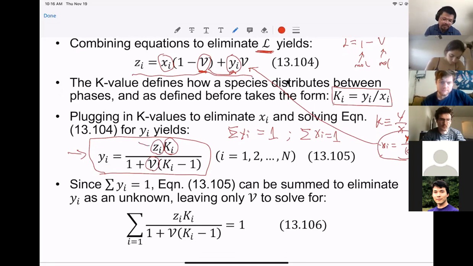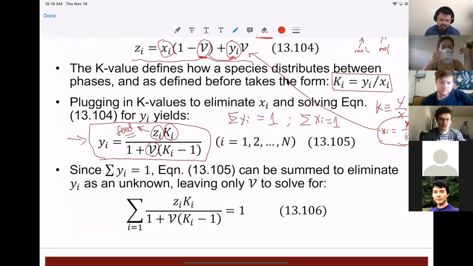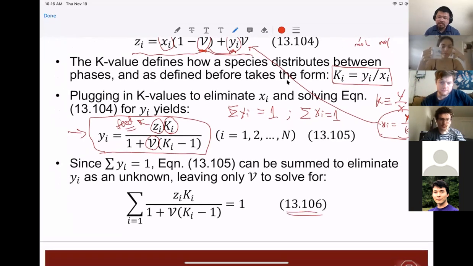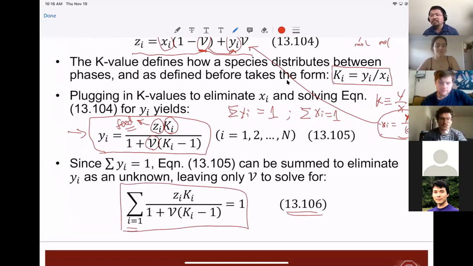Zi is from the feed, right? Zi is from the feed. Then we can run this equation, which is we just add up all those Yi values. So now you have this summation form for all the components. You shall eventually receive this equation. So now let's try to look at what's going on. What's the use of that?